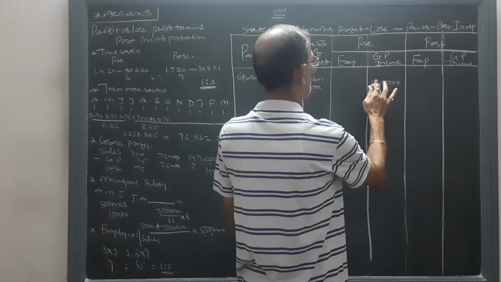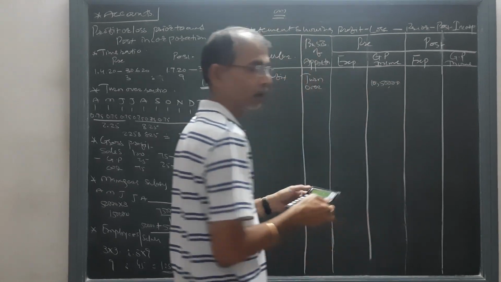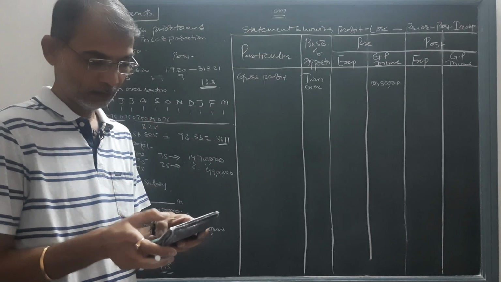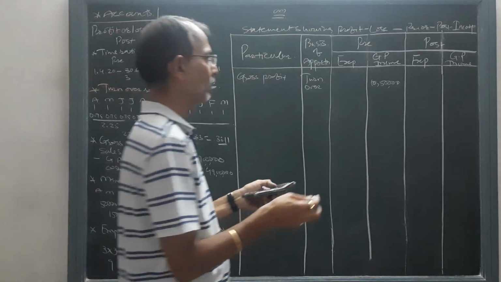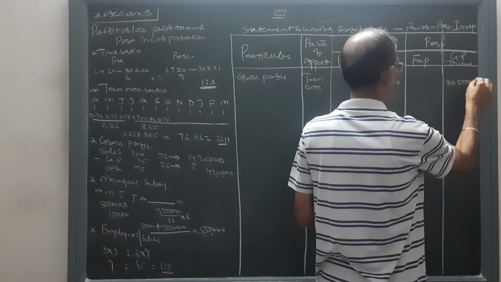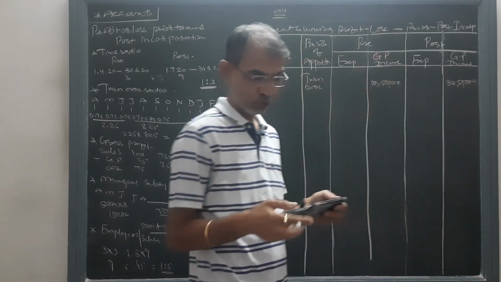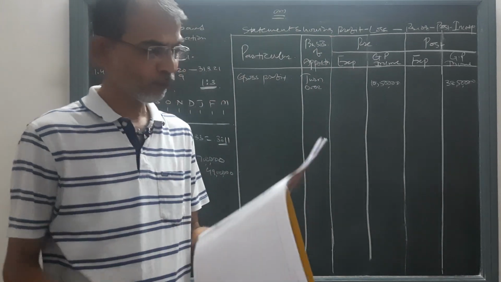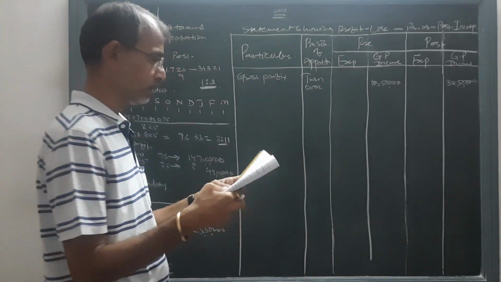10,50,000 is the gross profit for the pre-period, and for the post period it will be 38,50,000. Then after is sales expense.